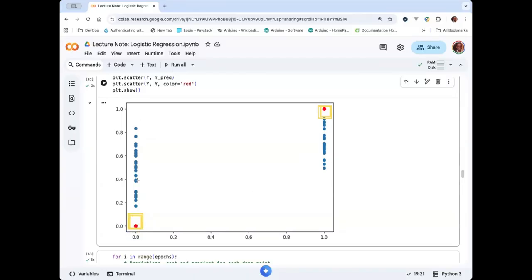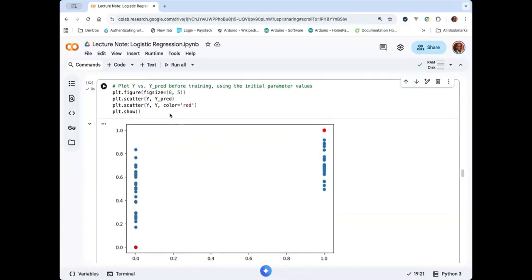But once you start having them stray out this way, it means you're not there yet, so you have to keep training. So that is basically what we use this plot for. This plot is simply a plot of y versus y pred. It's a plot of the actual value against the predicted value.